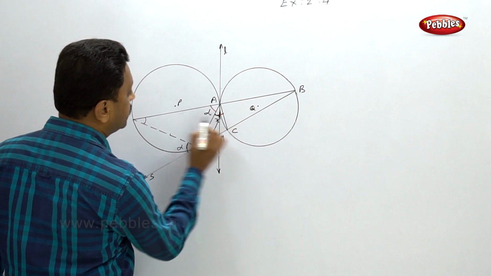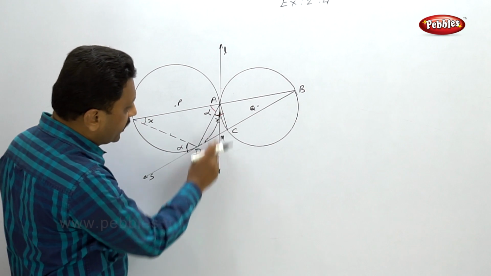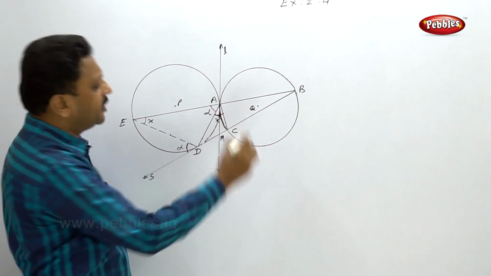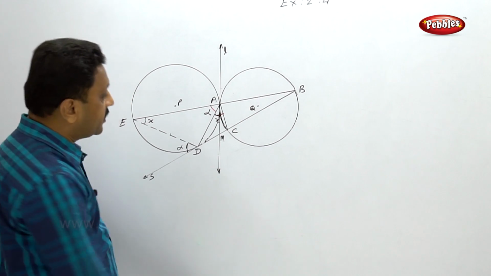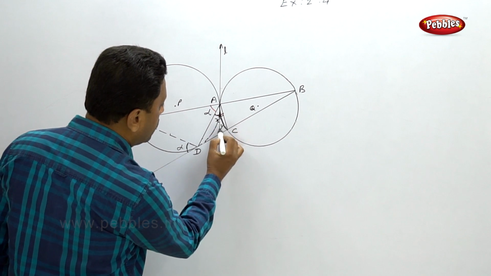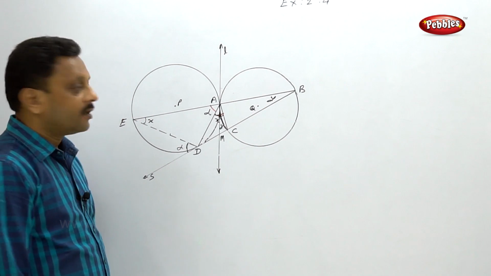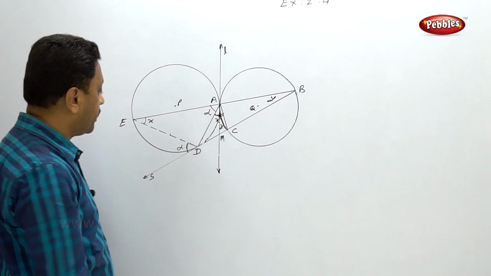So this is X, so this is also X. And similarly, this is the tangent and this is the chord, so this arc is common. So by angles in alternate segment, can I call this angle Y, which is equal to this angle? Correct? Because the arc is common.